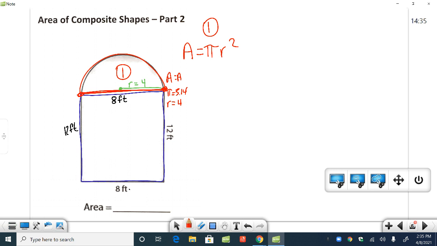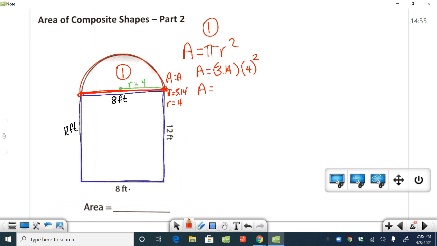It's really good to, on the side of wherever you're working, write down what you've been given in the question first, and then plug it into your formula. So I didn't give you the area, but you do know that pi is 3.14, and I gave you that the radius is 4 squared. So let's just use our order of operations now. This is basically just an equation to solve.